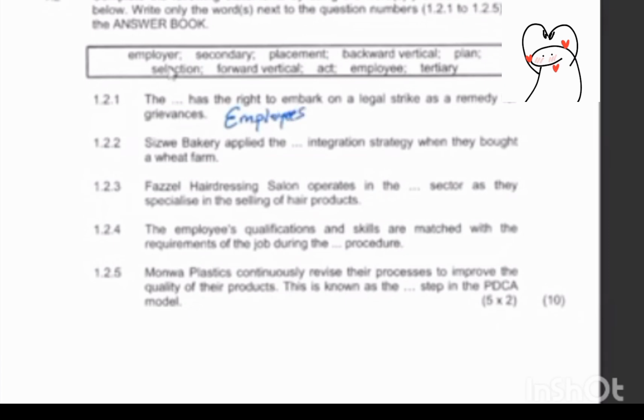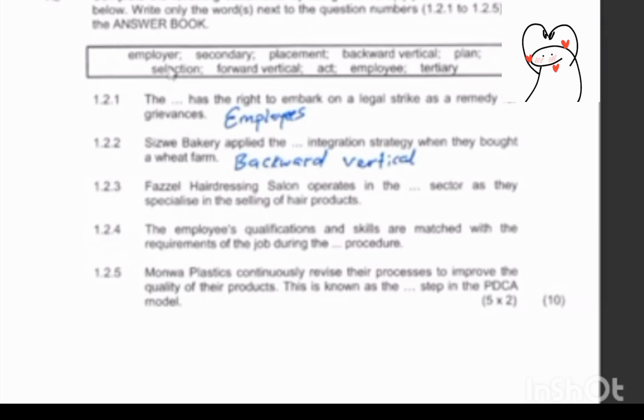Okay, right. So now 1.2.2 reads as follows. Ziswe Bakery applied the dash integration strategy when they bought a wheat farm. So now this is going to be a backward vertical integration strategy. Okay, right.